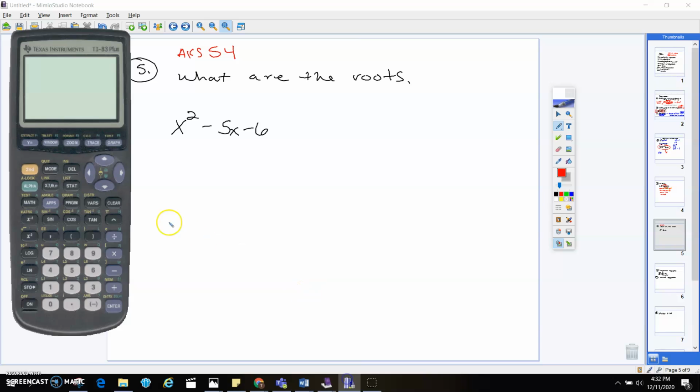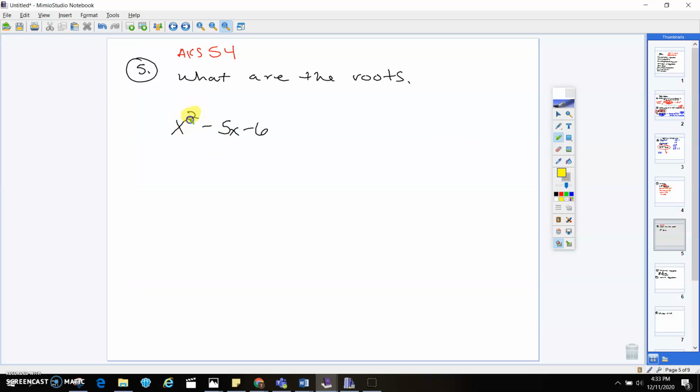Okay, so if I graph this, I would get x squared minus 5x minus 6, and I'm going to hit graph. All right, I see that this is a quadratic. So that means that if this is a quadratic, I'm going to look at my exponent, and my exponent is 2.